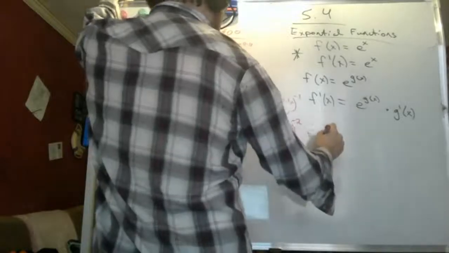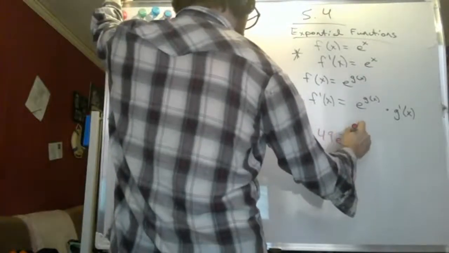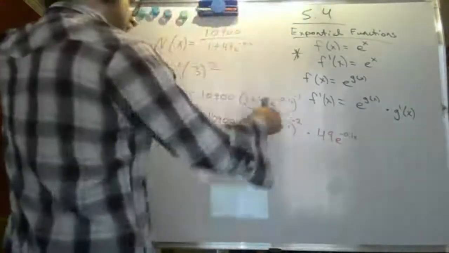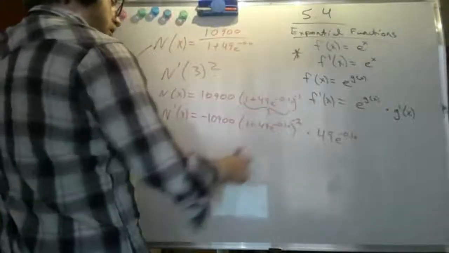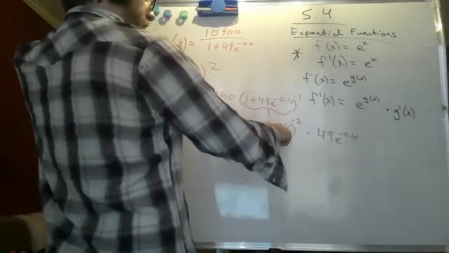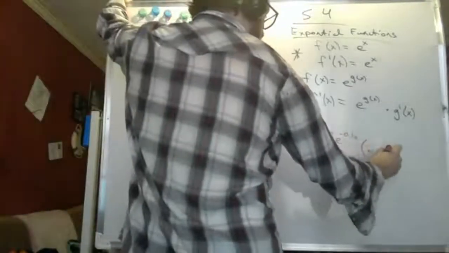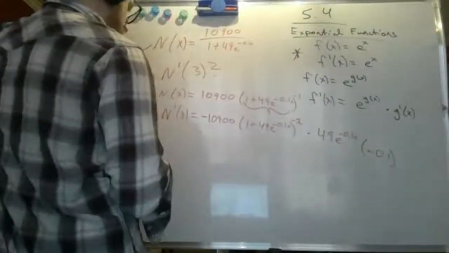So I'm going to have times 49, I can just leave this constant on the outside, no big deal, e raised to the negative 0.1x, but then I got to multiply it again, so I've got a chain rule within a chain rule. I've got to multiply this by the derivative of negative 0.1x. So that's negative 0.1.